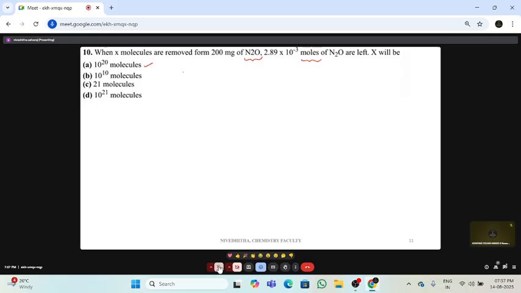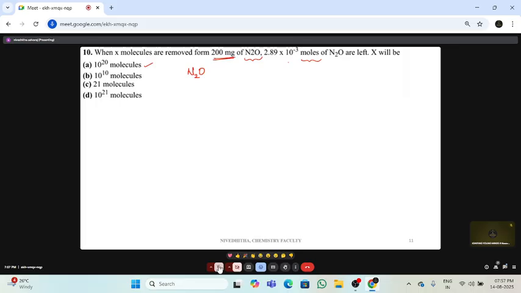So the initial quantity of nitrous oxide was 200 milligram, right? So calculate the number of molecules in 200 milligram, and the final quantity of nitrous oxide was a number of moles. Convert this number of moles into number of molecules. Okay, so you'll have the initial quantity and final quantity.